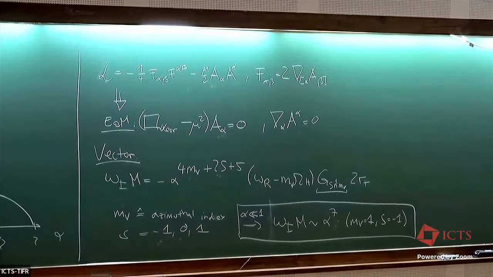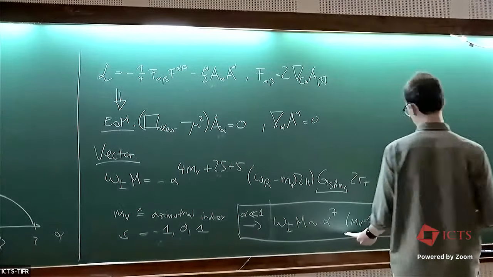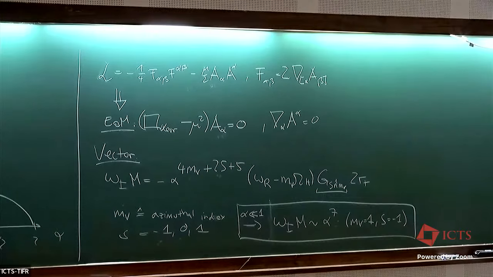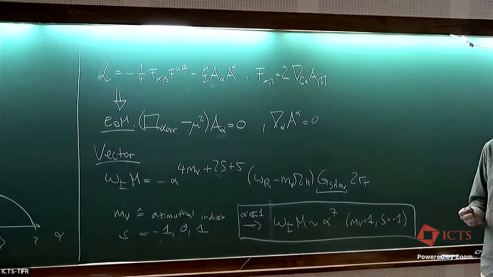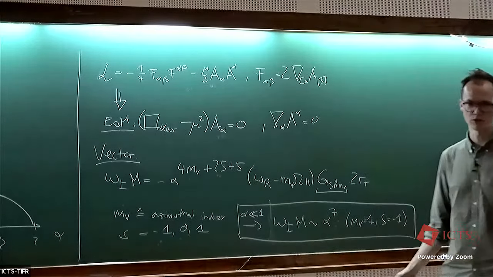And this already indicates to you that in the case of the vector, the growth rates are just much, much faster. And as it will turn out, if you do the full calculation, the growth rates of the vector can be several orders of magnitude faster than those for the scalars, which will then obviously have observational impacts on the way you look for the presence of these clouds using gravitational waves.